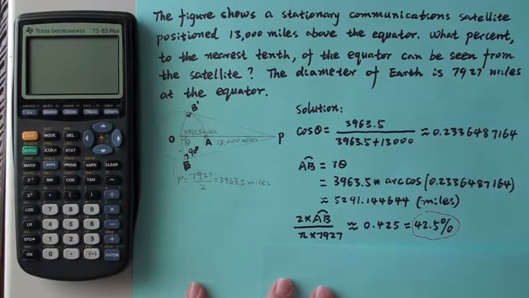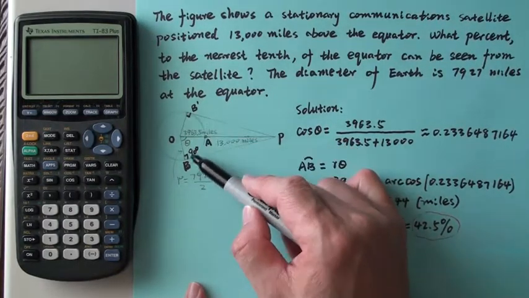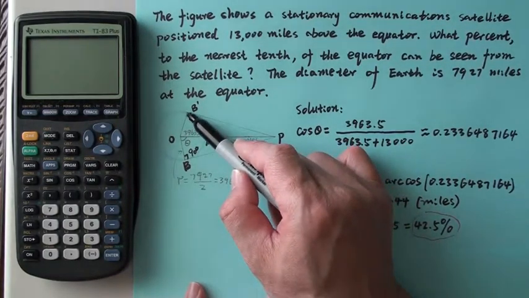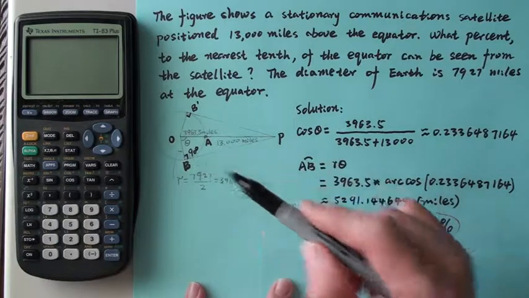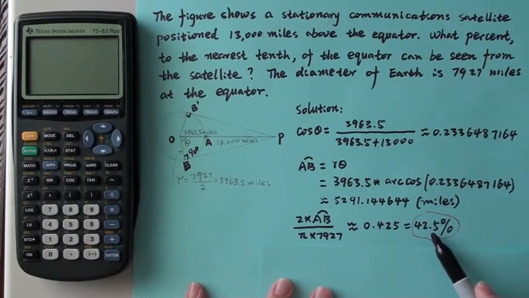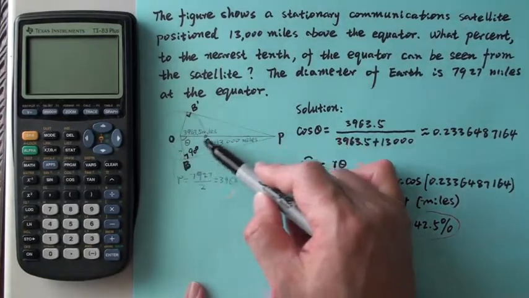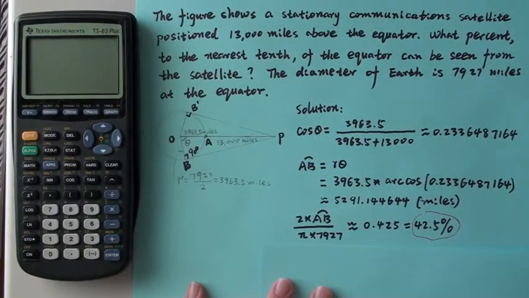So what portion of the equator can be seen? This is the actual length of the arc, and that will be 42.5% of the whole circumference of the equator.